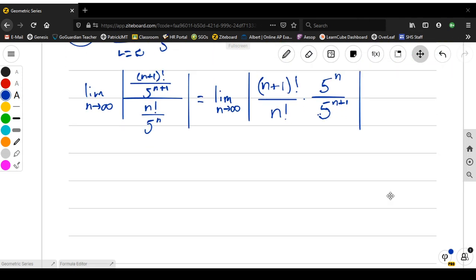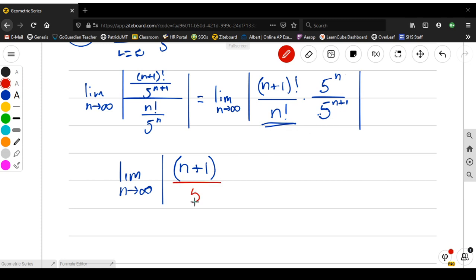You can go through and check my reduction, but this n plus 1 factorial over nth factorial is just going to end up being n plus 1 in the numerator. And then over here, the 5 to the n's are going to cancel out, and you're just going to end up with a 5 in the denominator. And so this is going to shoot out to infinity when you take the limit, which means the series diverges.